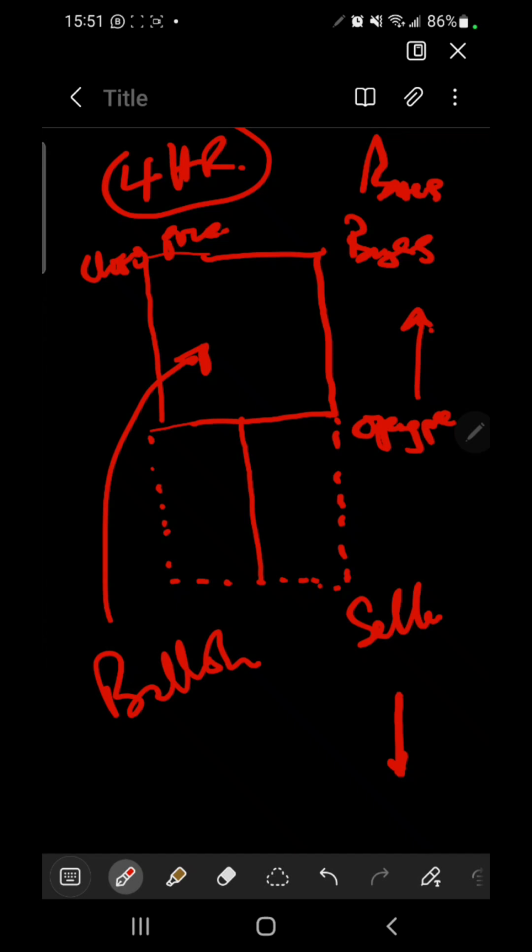Why? Because in this tug of war, even though the sellers managed to push price in their own direction in the first hour, in the last 3 hours of the 4-hour interval the buyers started gaining strength and reversed price from whatever position the sellers had taken it to, over to their own side.